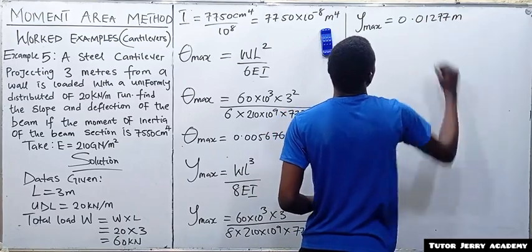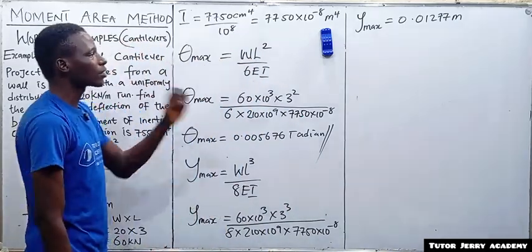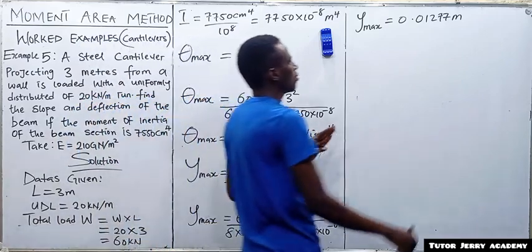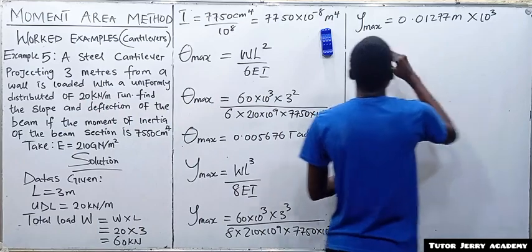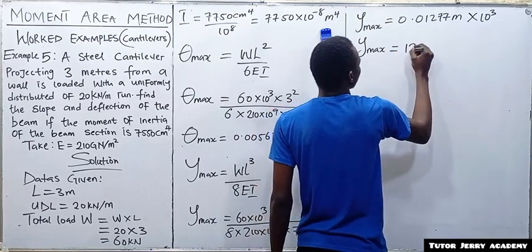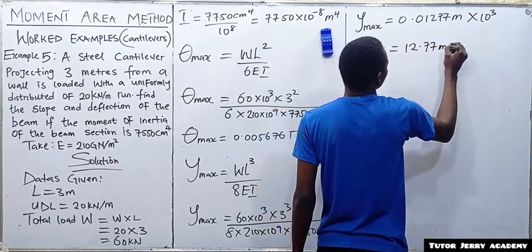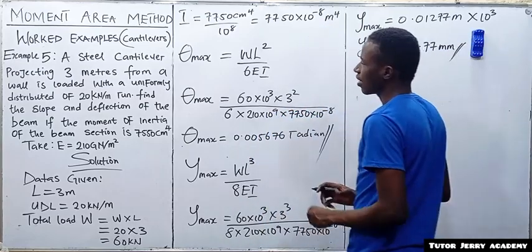If we convert this to millimeters, we multiply by 10 to the power of 3. If we multiply by 1000, we have y max equal to 12.77 millimeters. So that is the solution to this question.